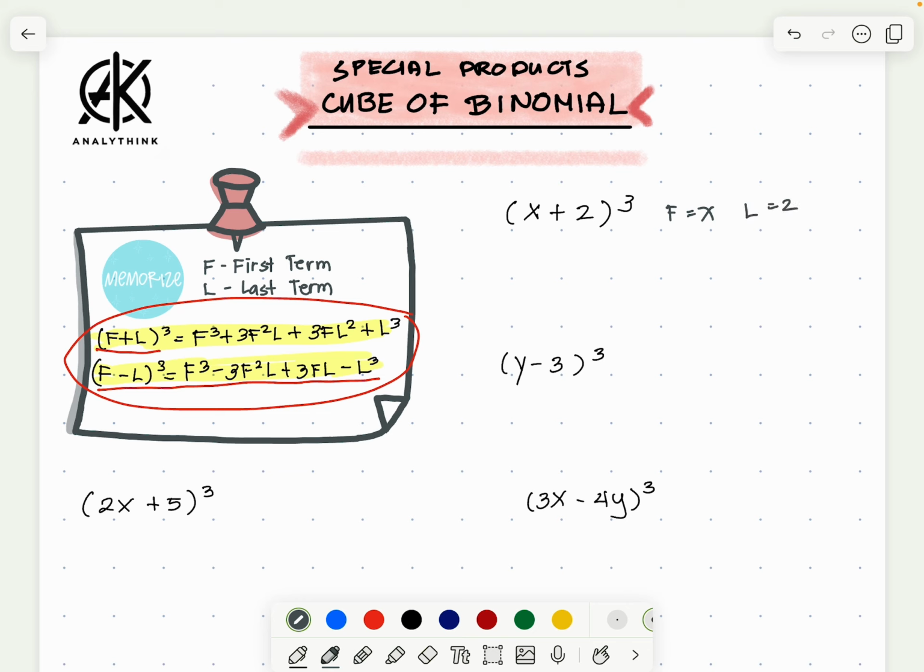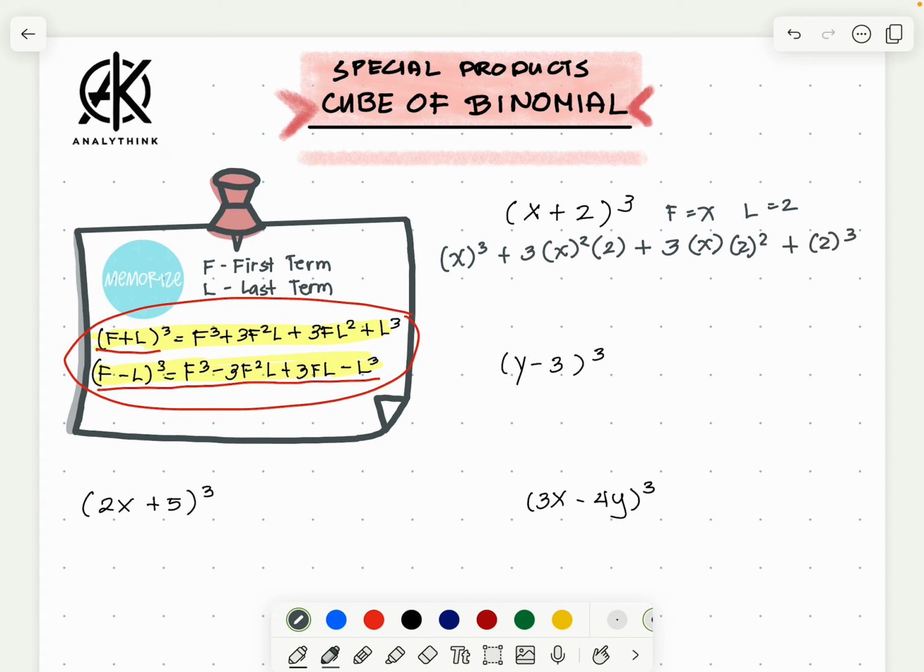Now, following the pattern for cube of binomial, then you have first term cubed, so that is x cubed, plus thrice the product of first term squared times your last term, which is 2, plus 3 times the product of the first term times last term squared, which is 2 squared, plus last term cubed, so 2 cubed.